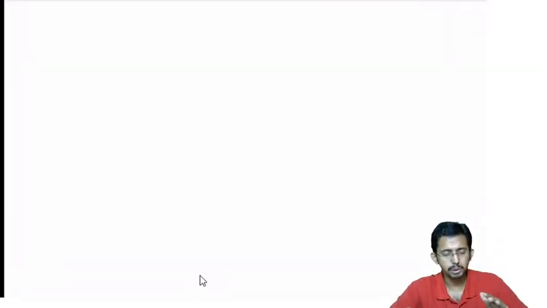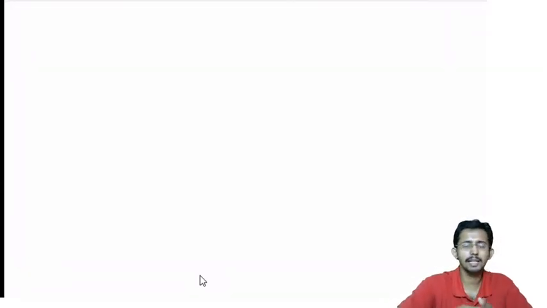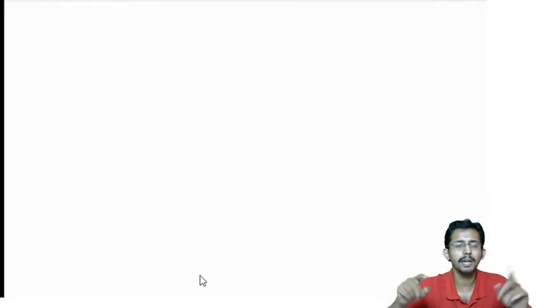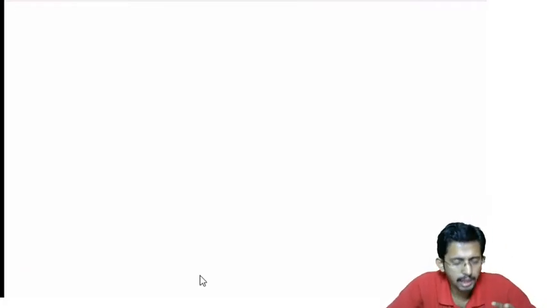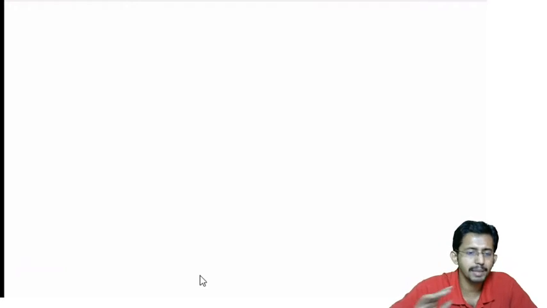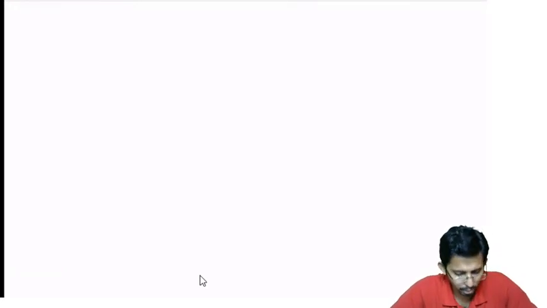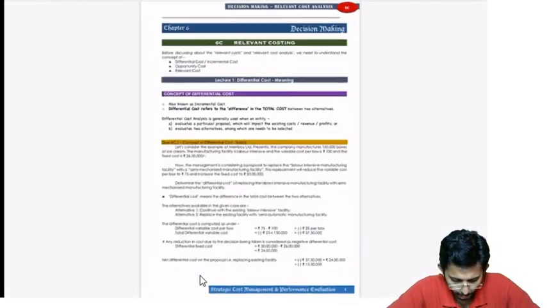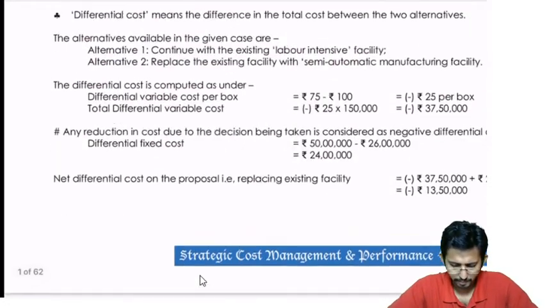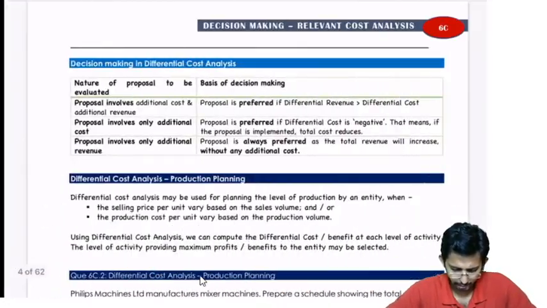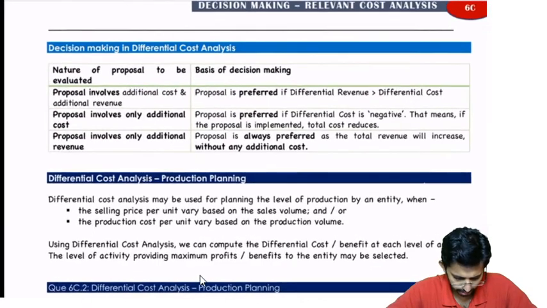Usually, if it was a normal class, I would take each item one by one and show you a graph of what is relevant and what is irrelevant, which is there in the material which I have shared. You can go through that. If you take point 6C, you will find this relevant cost in detail.